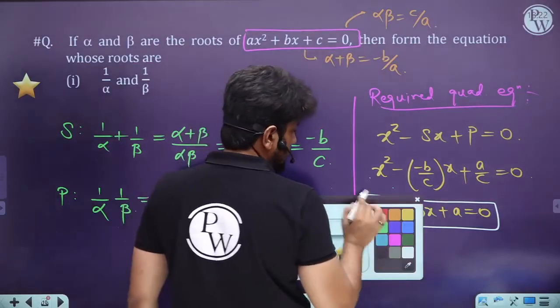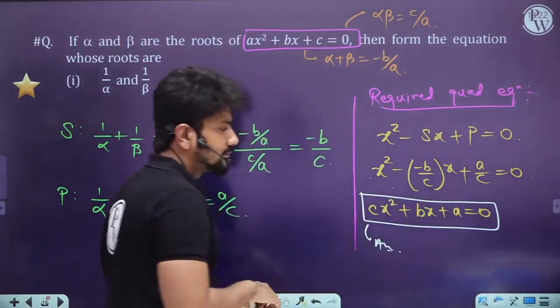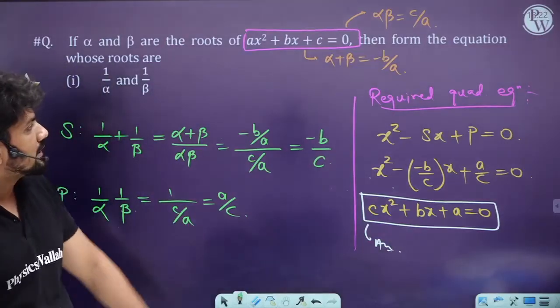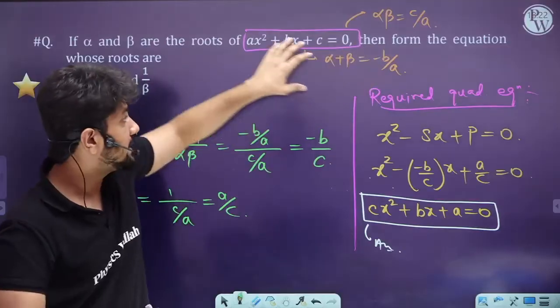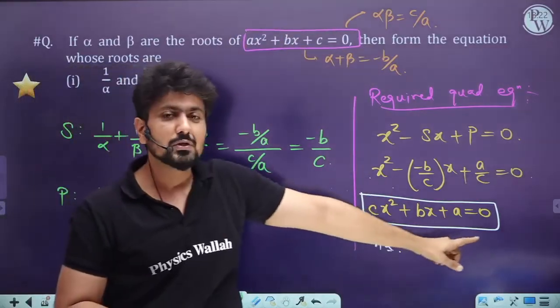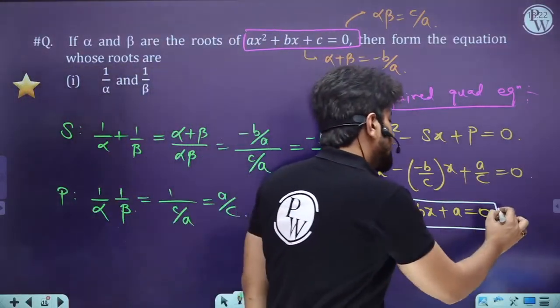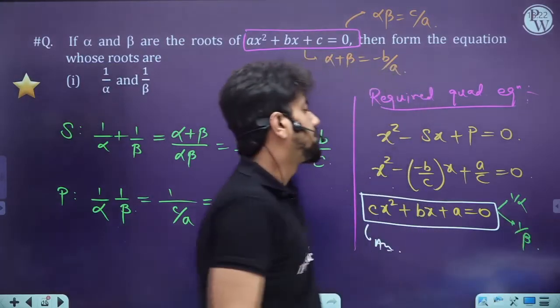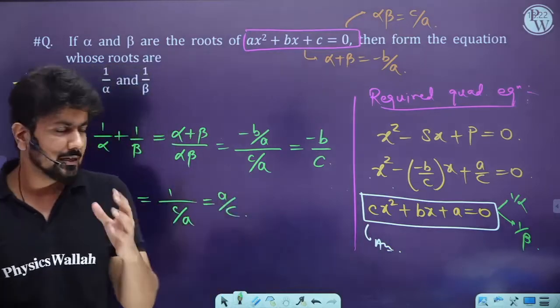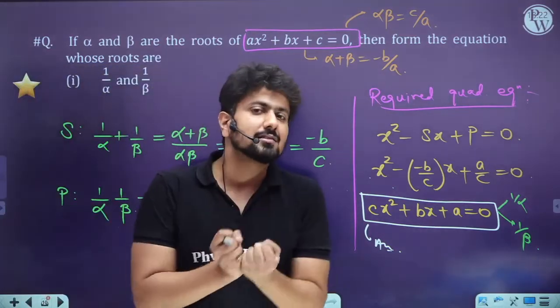See everybody, what did you learn in this question? You learned that if the roots of ax square plus bx plus c equal to 0 are alpha and beta, the roots of the equation we found are 1 by alpha and 1 by beta. Now you need to directly absorb this result.